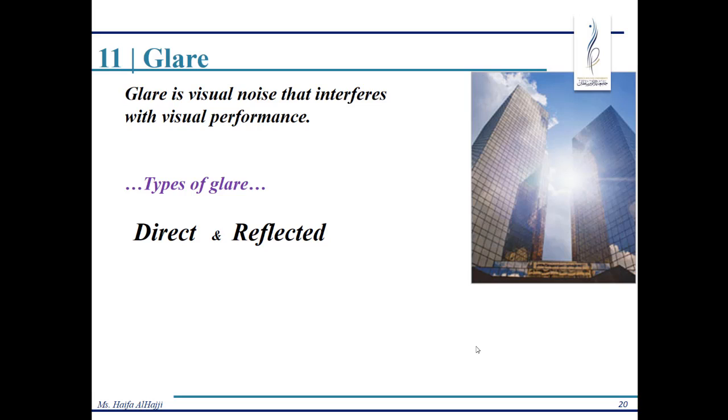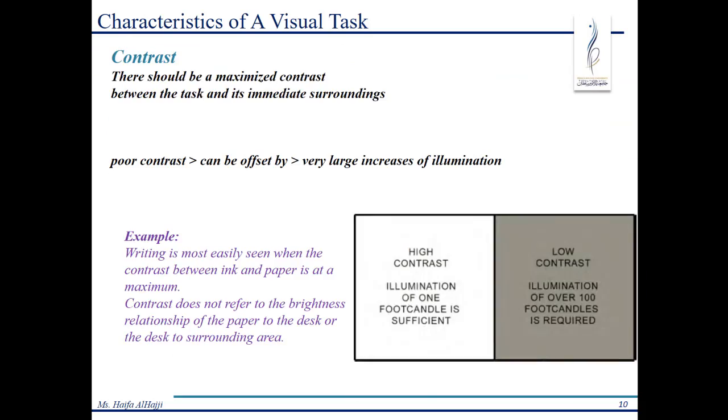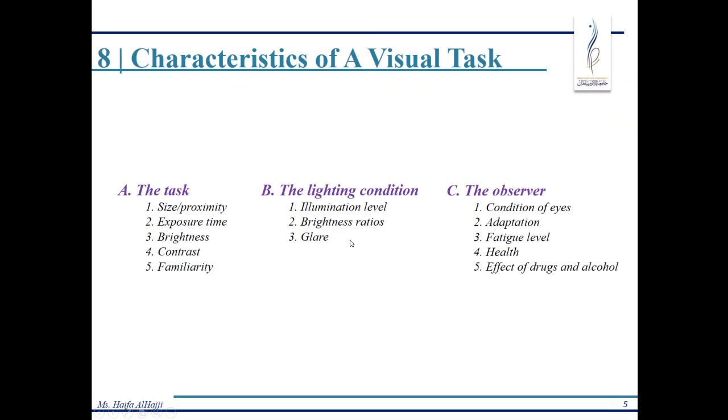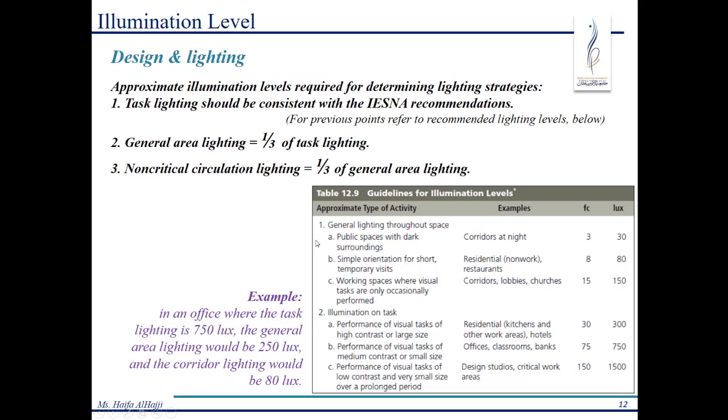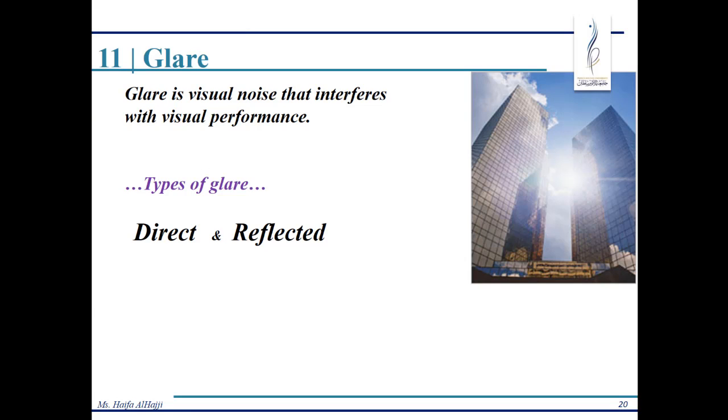Now, let's talk about the third factor of lighting conditions we spoke about earlier: the glare. We have two types of glare: direct glare and reflected glare.